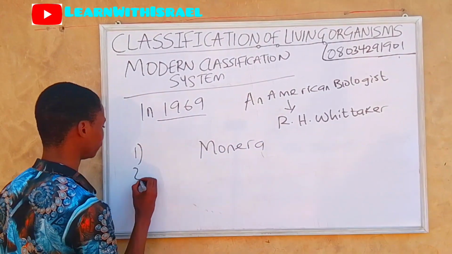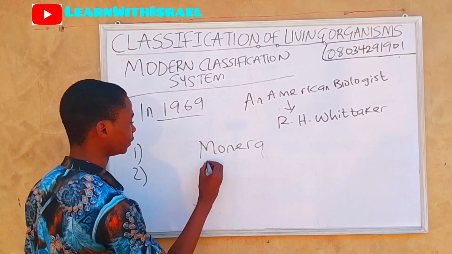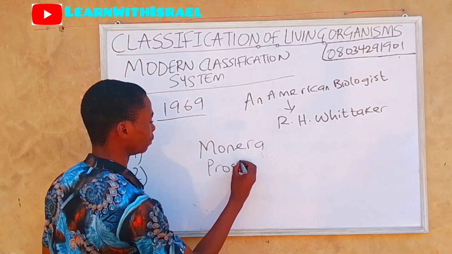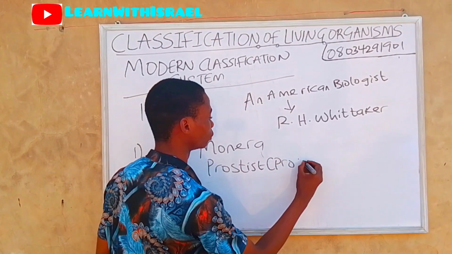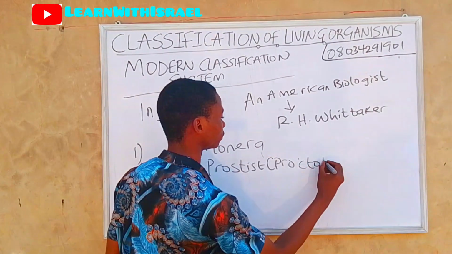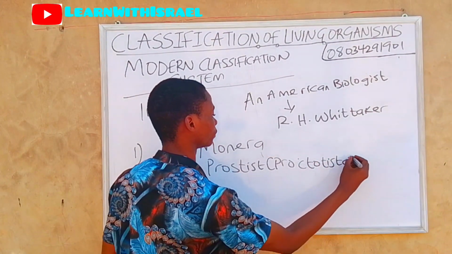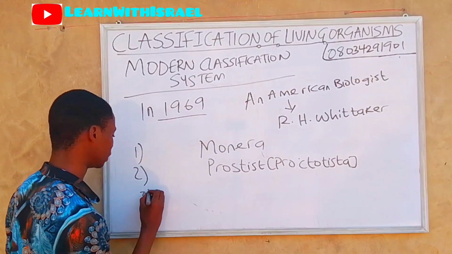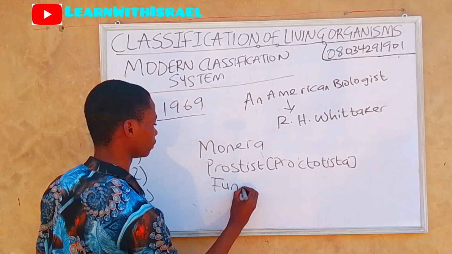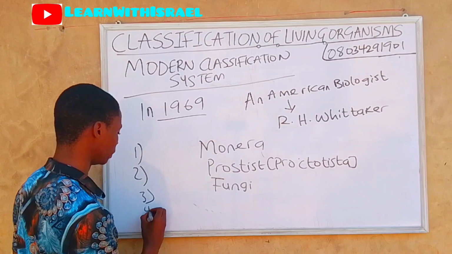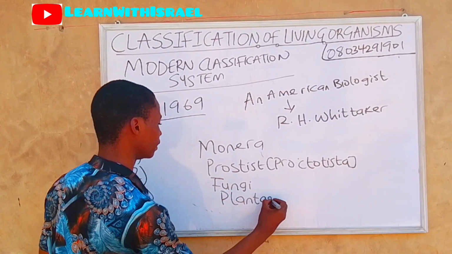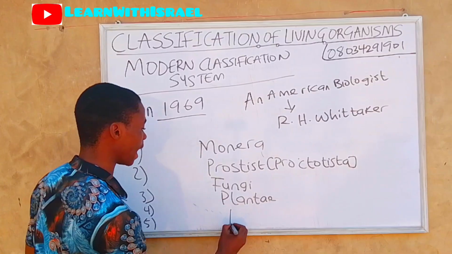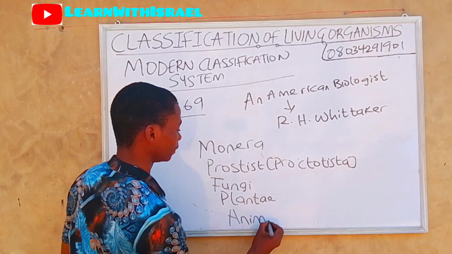The second, Protist, also called Prototista. The next one is fungi. The next one is Plantae, while the last one is Animalia.